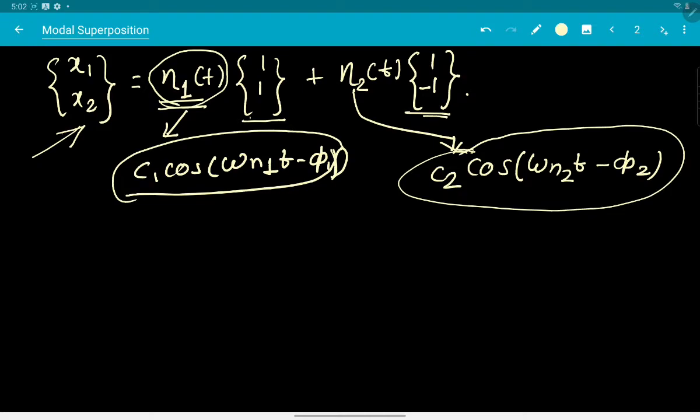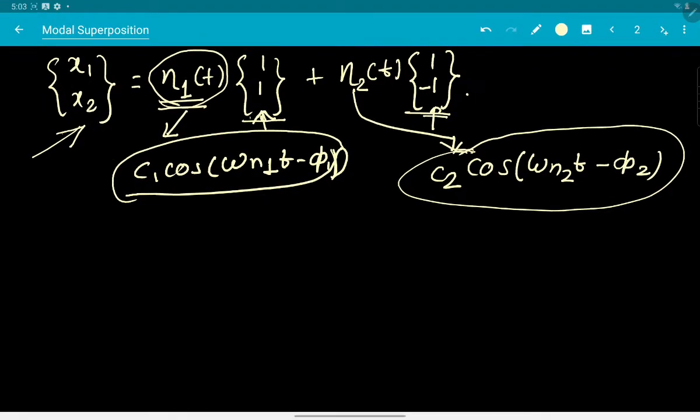This is called superposition of modes. We have superposed the two modes that we have obtained, mode number 1 and mode number 2, and by superposing them we obtain the expected solution, the displacement vector x1, x2.